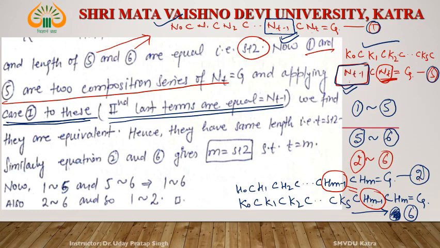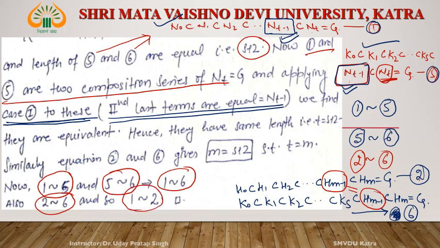Now apply the transitive relation. 1 is equivalent to 5, 5 is equivalent to 6, which implies that 1 is equivalent to 6. Since 2 is equivalent to 6, it means 1 is equivalent to 2.